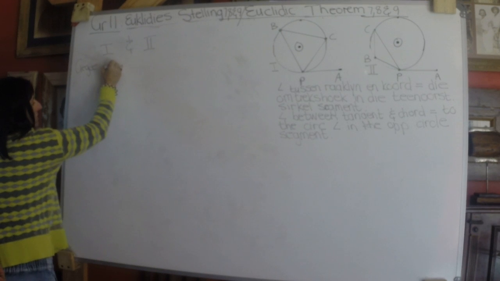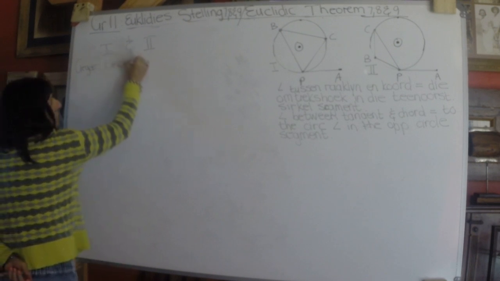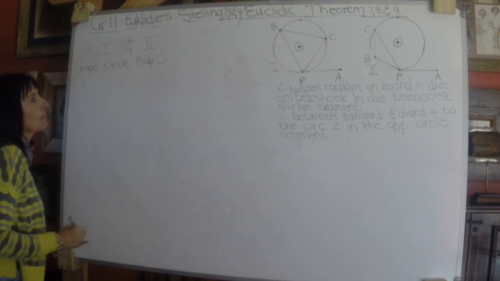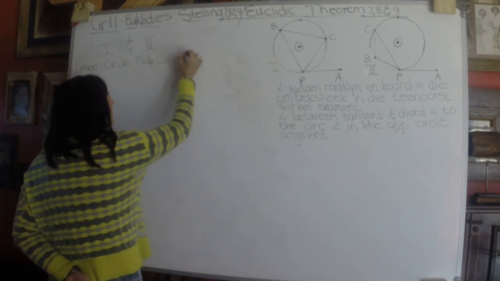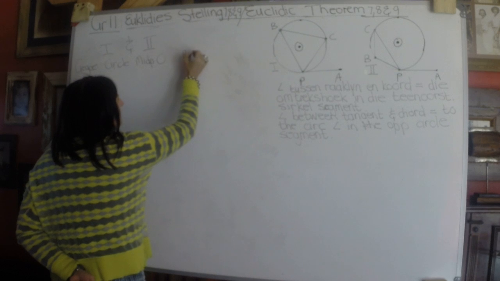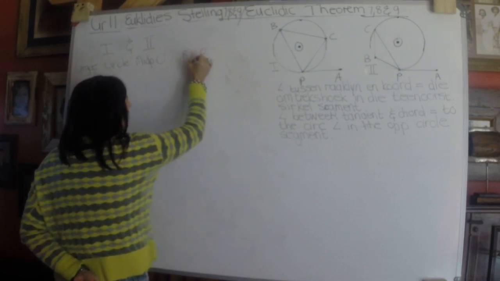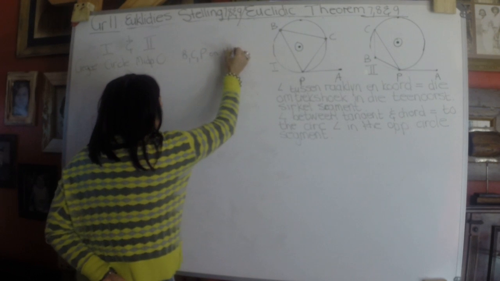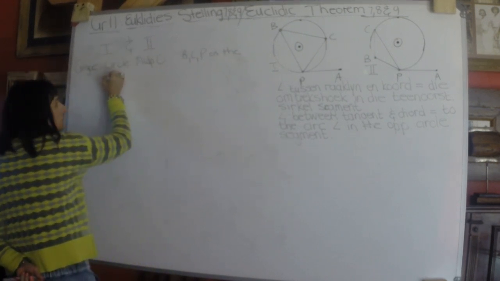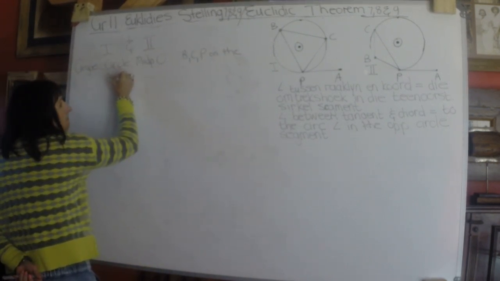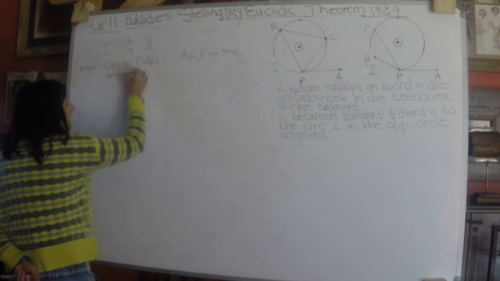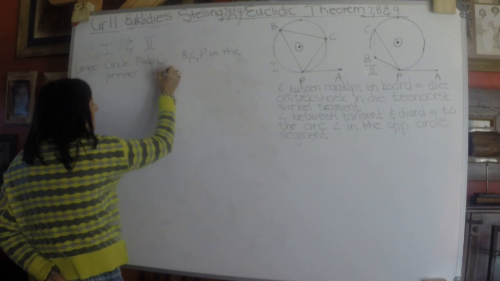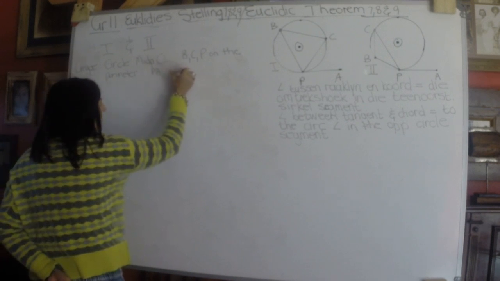We've got again a circle with midpoint O, and then we've got points B, C and P on the perimeter, and then we've got PA as a tangent.